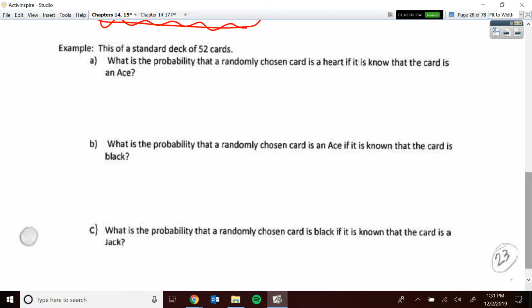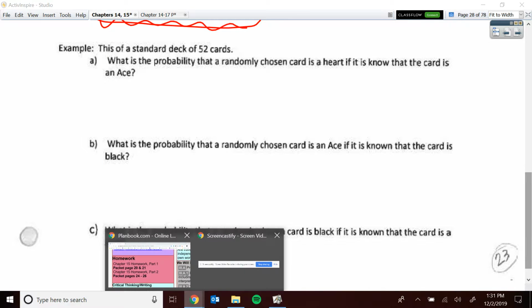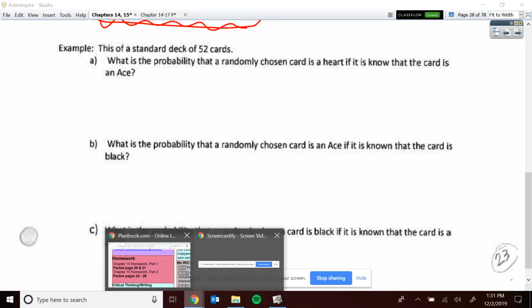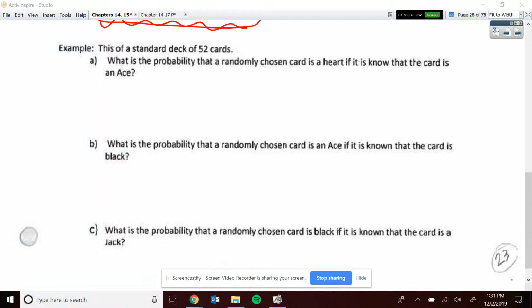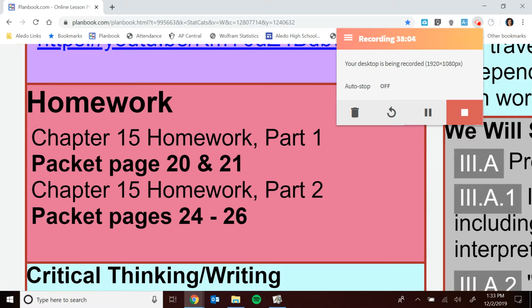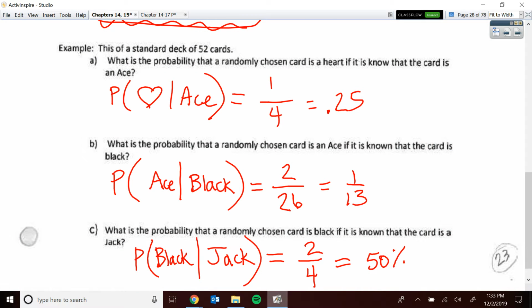So try that there. So there, you can check that.